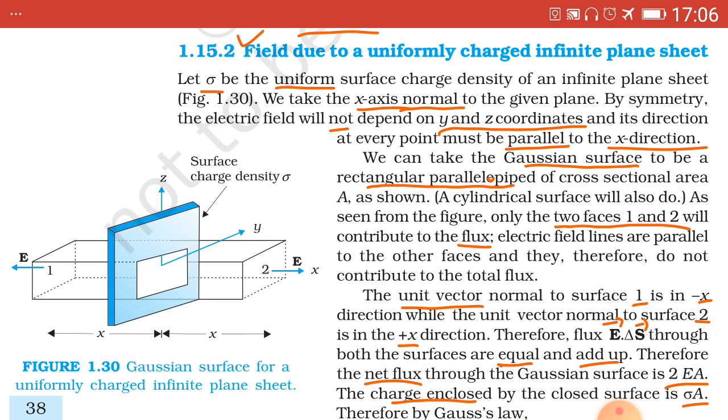Here we consider the Gaussian surface to be a rectangular parallelepiped of cross-sectional area capital A, given beside in the figure.